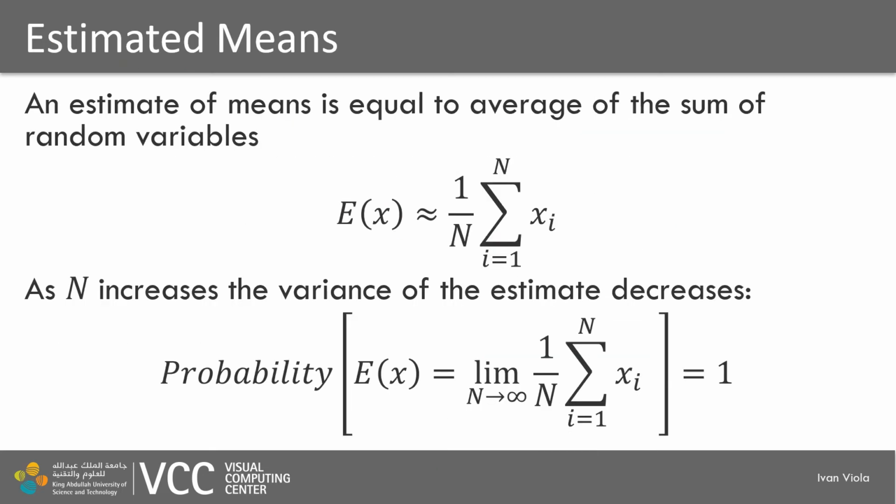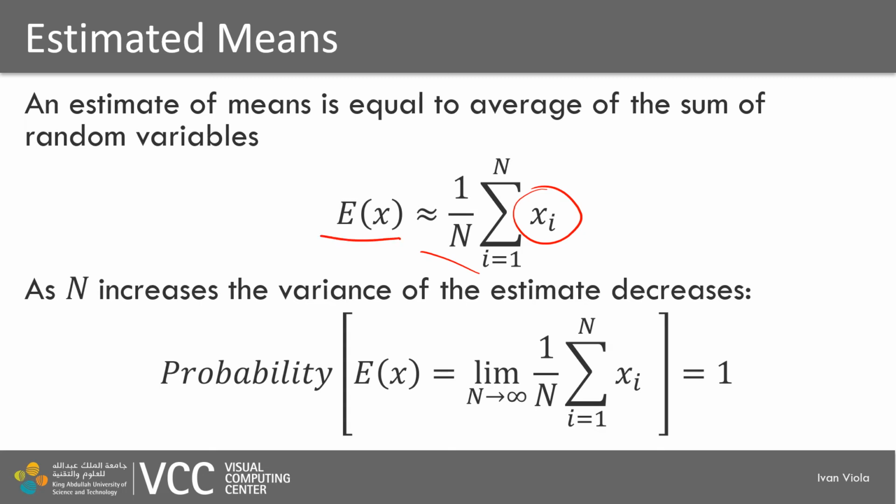And if we are now expressing the expected value and the mean through samples, so we are sampling our distribution, then if we sum up the samples and divide by the number of samples, we are reaching the expected value.